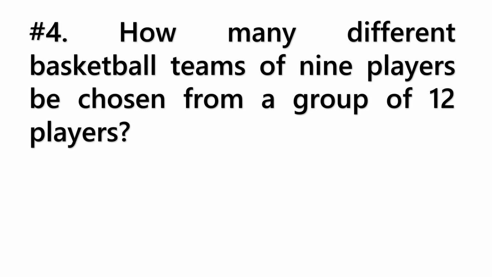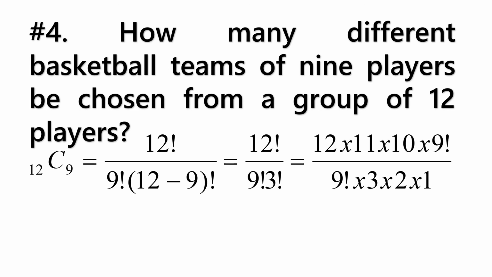Problem number 4. How many different basketball teams of 9 players can be chosen from a group of 12 players? So, kailangan natin ng 9 players from the 12 players na meron tayo. So, that is total of 12, remember? So, your n is 12 and then your r, yun yung kailangan mong piliin dun sa group. So, combination of 12 objects taken 9 at a time.